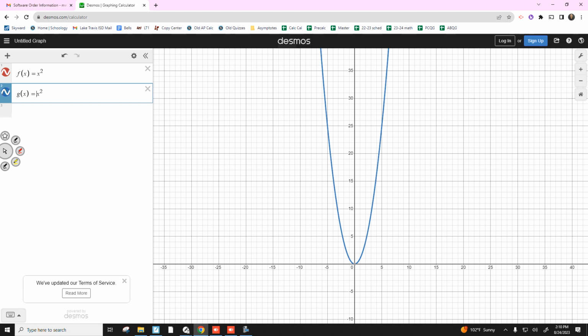That has to come first because exponents come first. X squared values times 2. Your x squared values are like 2, 4, 3, 9, 4, 16. You're multiplying your x squared values by 2. What happens when you multiply numbers by 2? They get bigger.